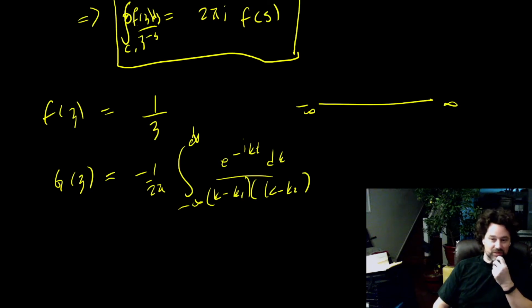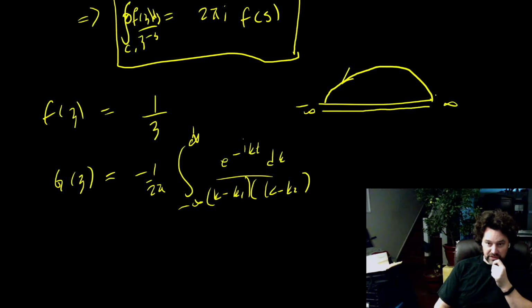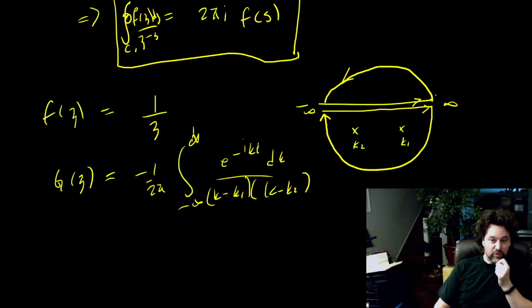Now let's suppose that we wanted to extend that integral. We go from minus infinity to infinity, but then we come back around a big giant infinite semicircle. Or we do a similar integral from minus infinity to infinity, and then come back around this way. So in this way, we're surrounding 2 of our poles, k1 and k2, and in this way, we're surrounding none of our poles.